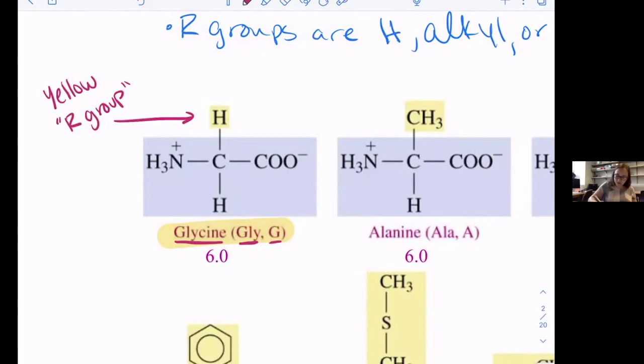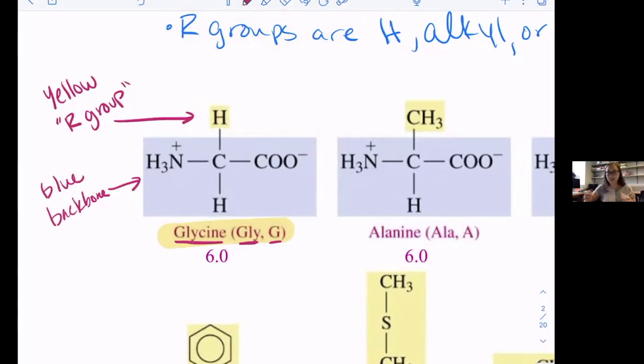So the blue is the backbone. By backbone, I mean you have your amine and then a carbon in the middle that has your R group, and then your carboxylic acid attached to that. So all of these throughout this whole chart are going to be formatted this way. You have your yellow R group and then your blue backbone.